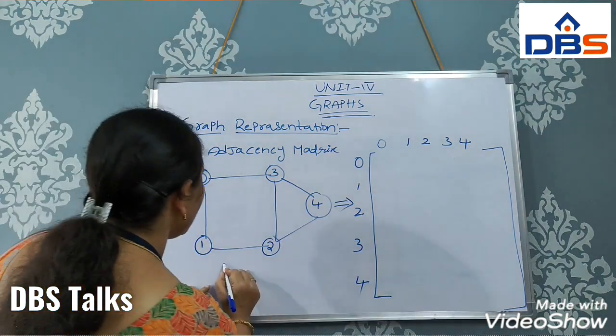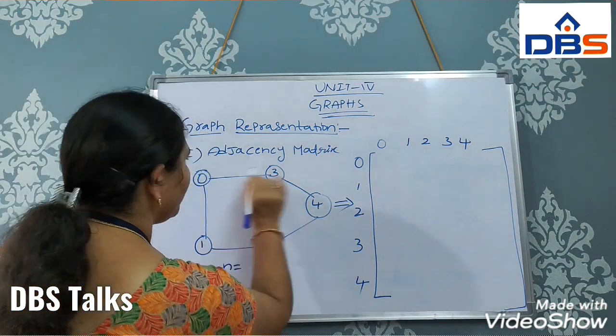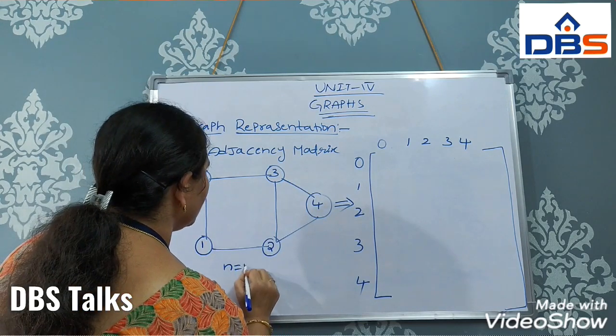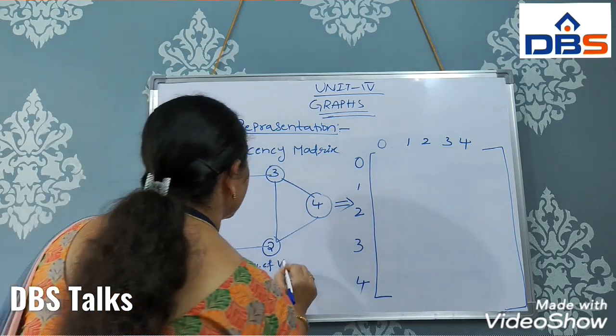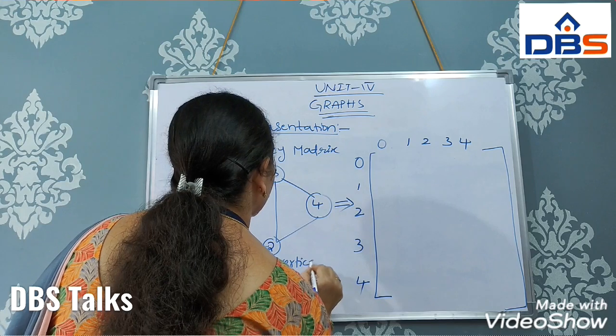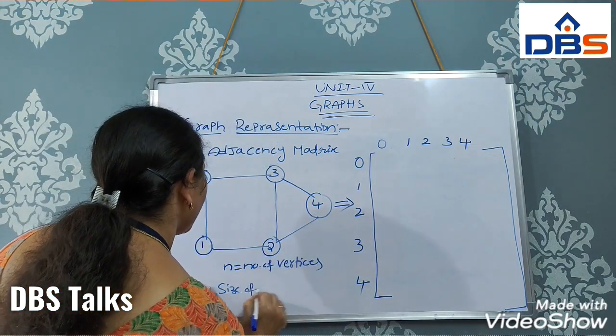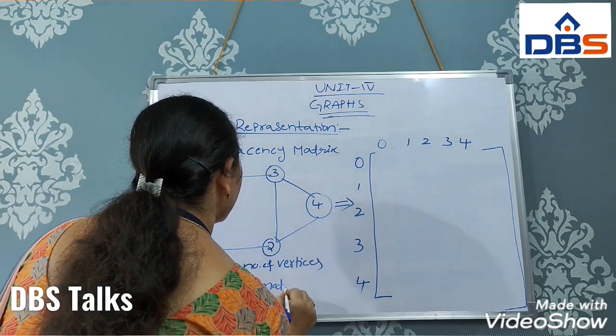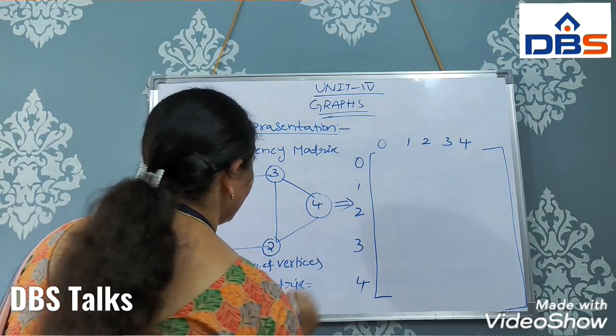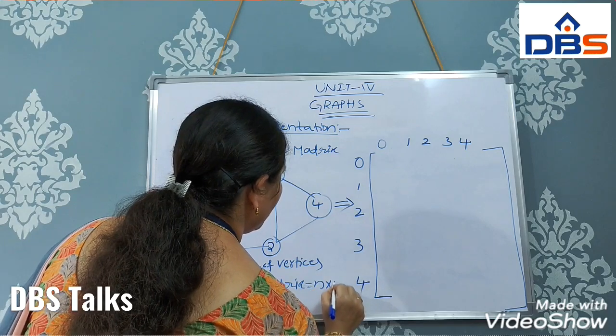Here n is equal to the number of vertices. The size of the matrix is equal to n into n.